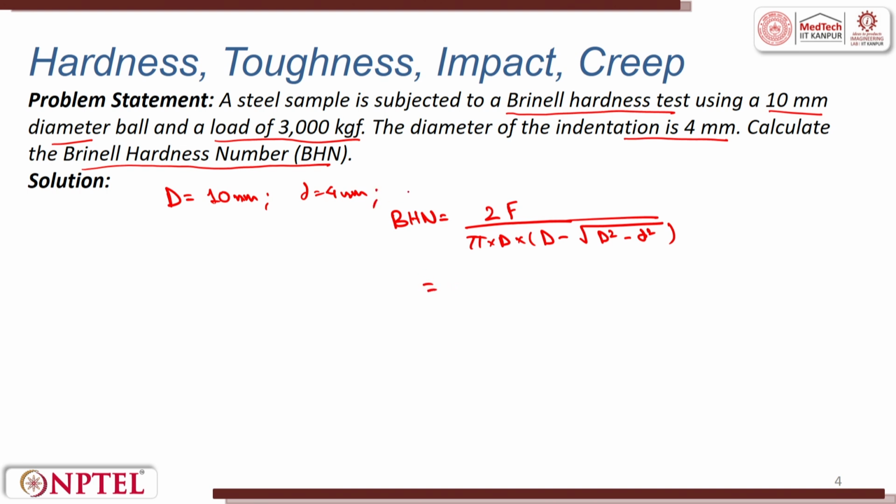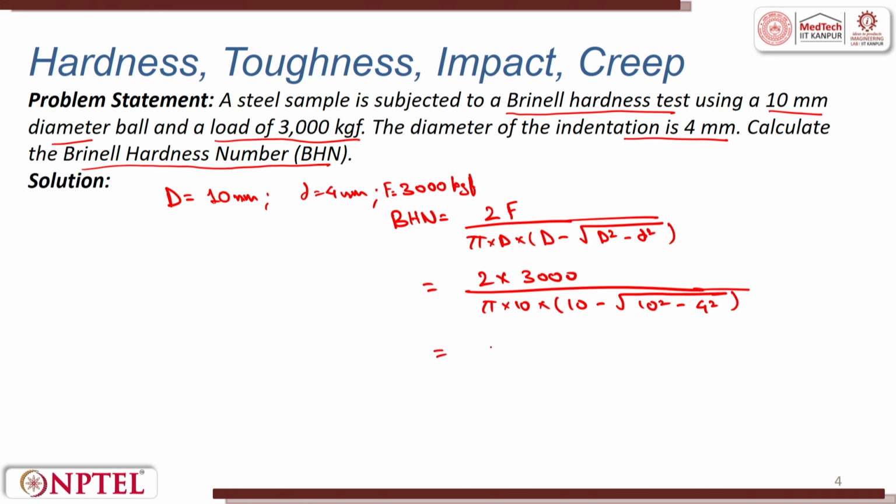I have the value of the load as 3000 kgf, kilogram force. This is the value of F. So, I have 2 into 3000 by pi into 10 into 10 minus under root of 10 square minus 4 square.